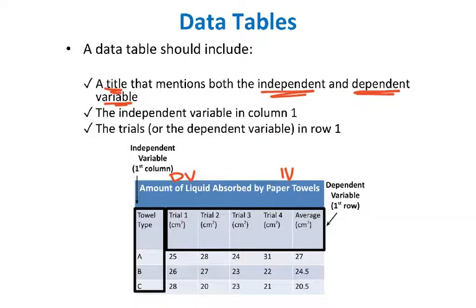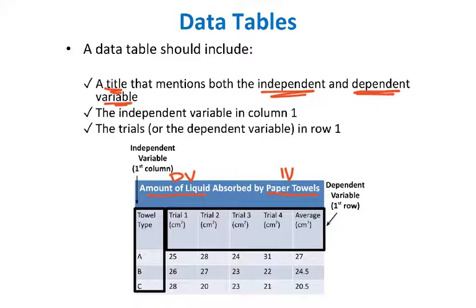Both the IV and the DV are included in the title. So this is a good, solid title for this data table. You don't want to just call it paper towel table or liquid table. You want to make sure it's a really detailed title so that when someone reads your data table and they read the title, they know exactly what your experiment was about.